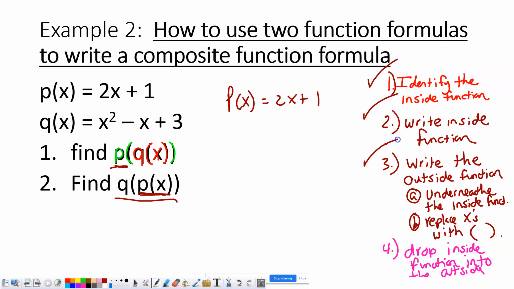But number 3 gets a little interesting. Number 3 says write the outside function. Now before we go any further, what's the outside function? The outside function is Q. Now, it says write the outside function, but doing 2 things. Put it underneath of the inside function that you just wrote, and replace the x's with parentheses. So see if you guys can do that.